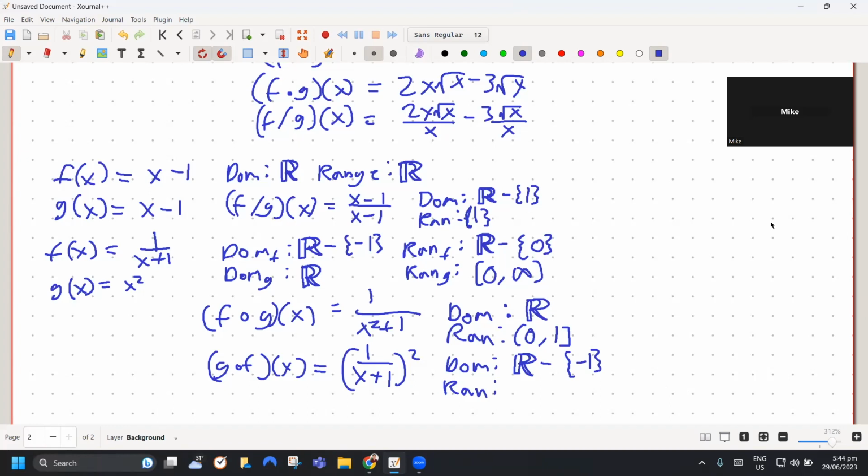Okay, so the domain is going to be, okay, f of x is 1 over x plus 1. So our reals except -1. Okay, anong range?